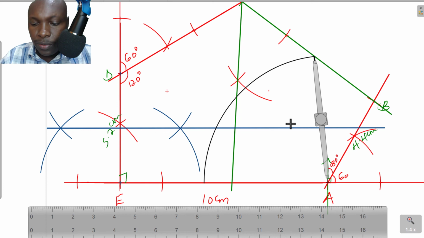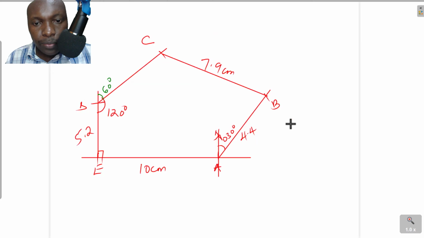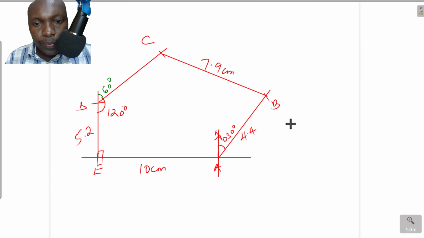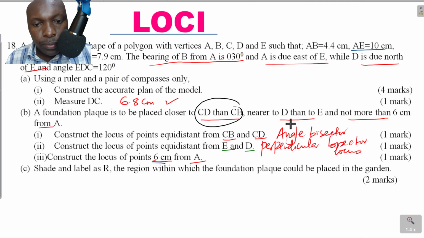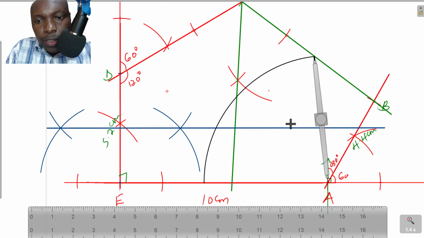It should be closer to CD than to CB. That is, we constructed the angle bisector of the angle between CD and CB. Okay, and then the other condition, it should be equidistant from E and D. Look at the line that way.